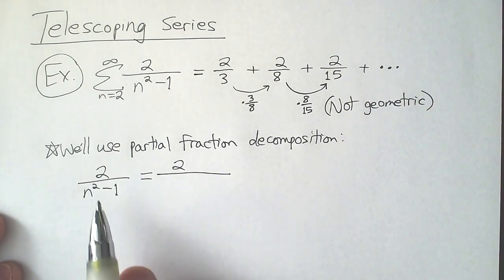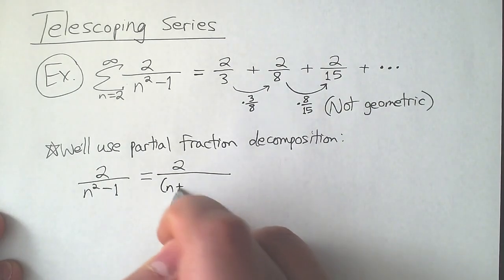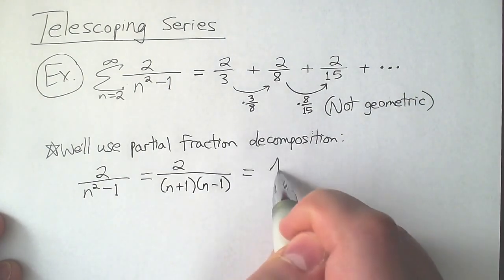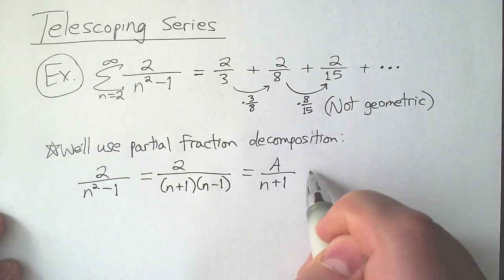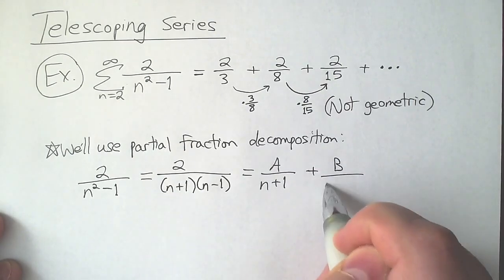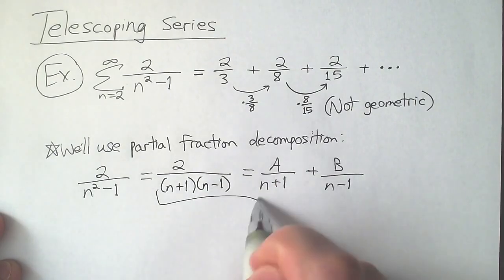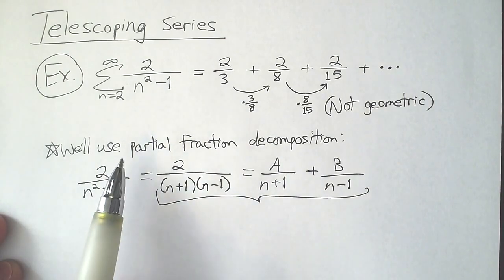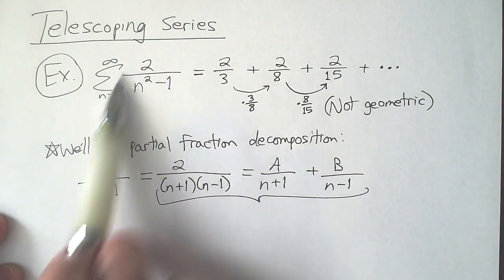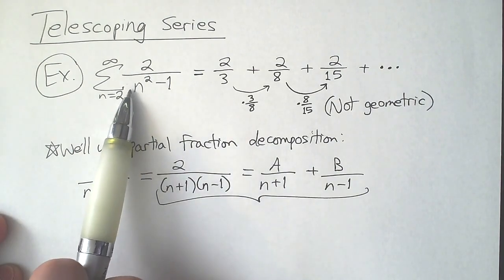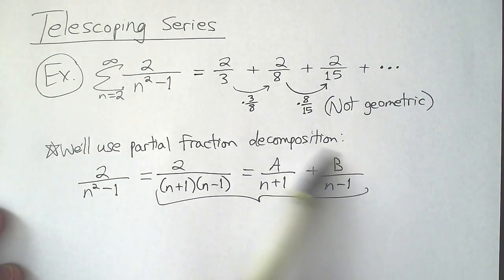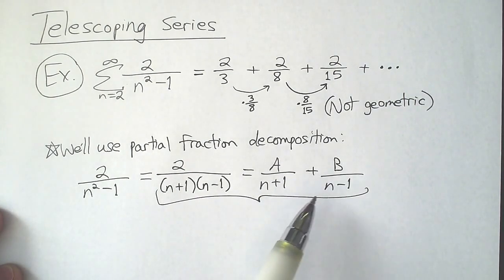You would factor the denominator. This does factor. n plus 1, n minus 1. And then set it up like this, A and B. And then we want to figure out if we could find A and B. And my idea, just to tell you what's going on, is if I could take this series, this 2 over n squared minus 1, if I could rewrite it in this form from partial fractions, maybe there's something we could do with that.